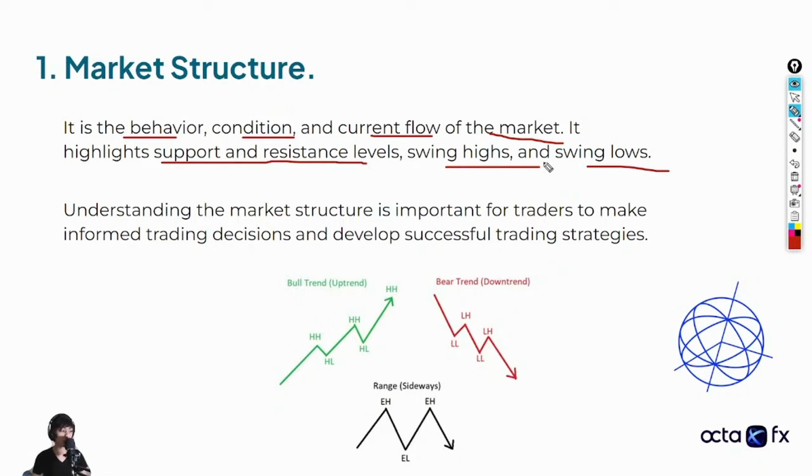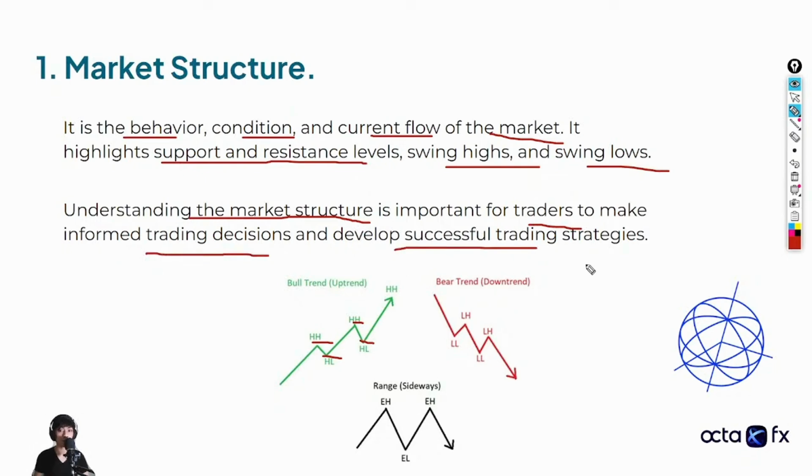If you are able to locate the important swing highs and lows like this, then you can start with your trading. The most important levels on the chart are located at its highs and lows and at its previous highs and lows. Understanding the market structure is important for traders to make informed trading decisions and develop successful trading strategies.